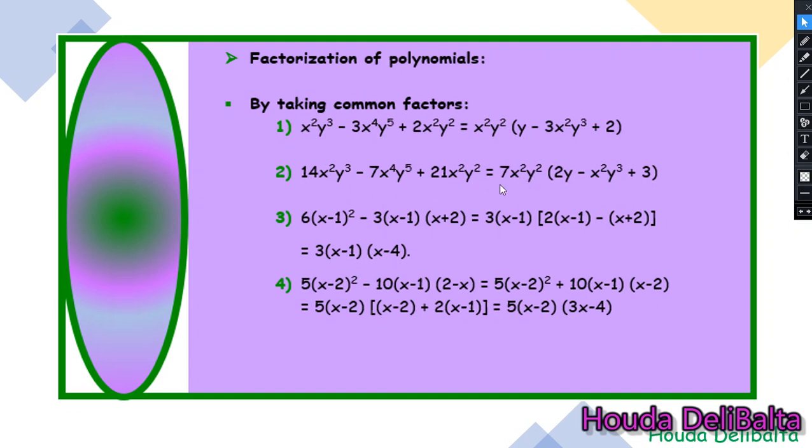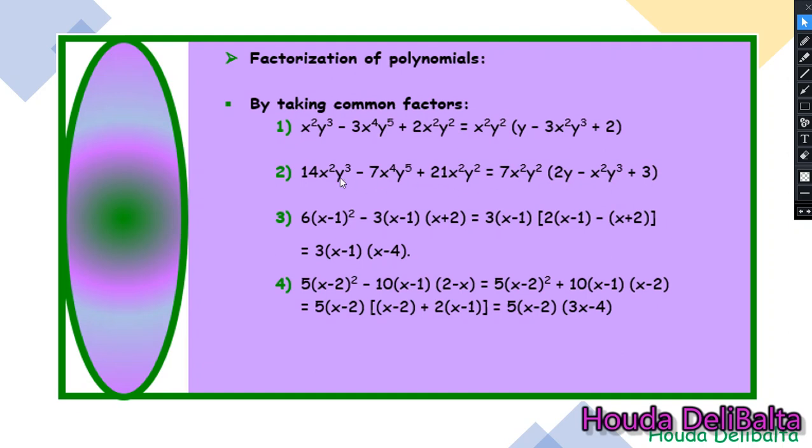So I will take 7 as a common number among these three numbers. I will take x squared and y squared, and I will start division. 14 by 7 is 2. X squared will cancel x squared, and y cubed divided by y squared is y to the power 1 by subtracting the exponents.